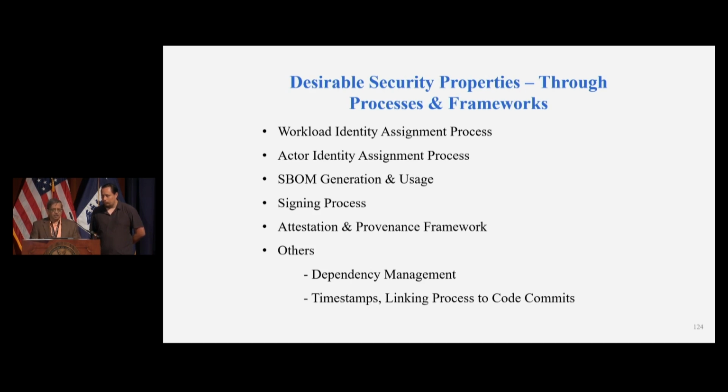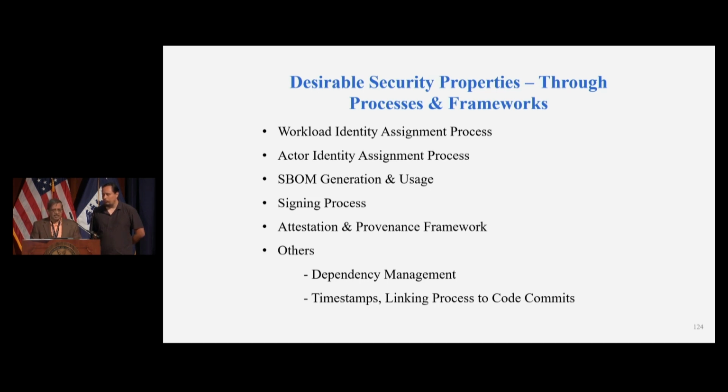So there are plenty of processes now, and the first is the workload identity processes, which we have seen in terms of the SPIFFE infrastructure and so on. And then we do have, this is well known, actor identity, which is nothing but user identity. So we do know all the properties that a user identity has to satisfy and all the infrastructures that are currently available for issuing user identities.